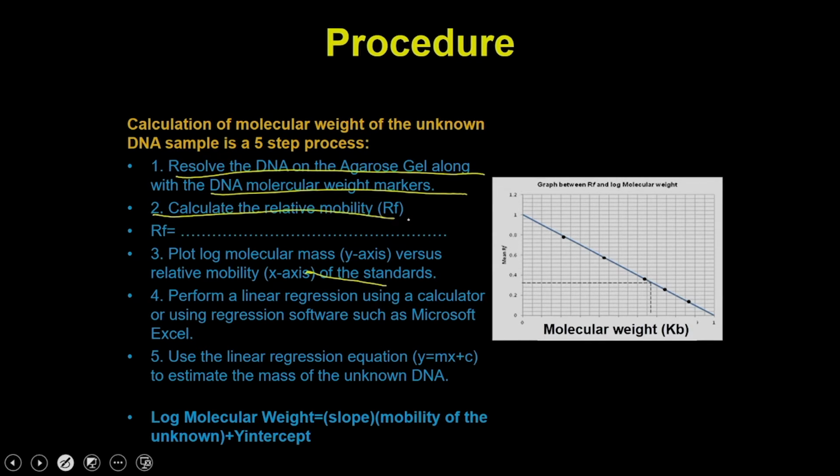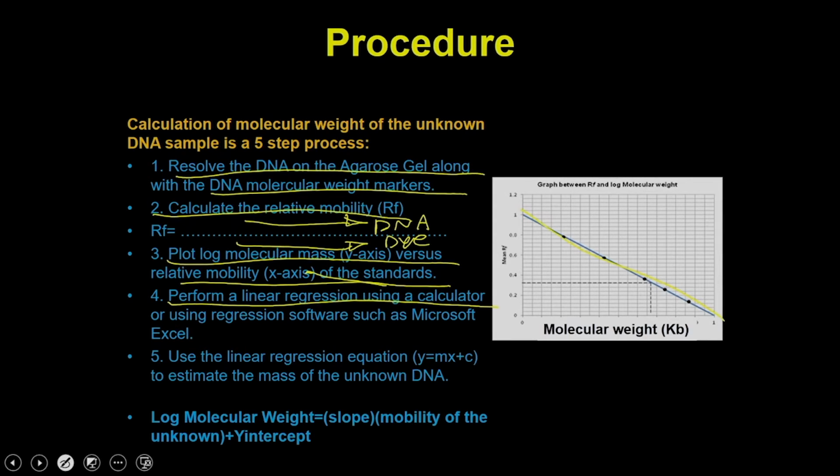Then you calculate the relative RF values with the help of the migration of the DNA versus the migration of the tracking dye, and then you plot the log molecular weight versus relative RF value. So, that is going to give you a standard curve. Then you perform a linear regression to calculate the equation, and that equation is going to be in the form of y equals mx plus c.